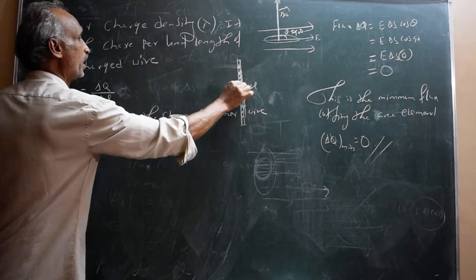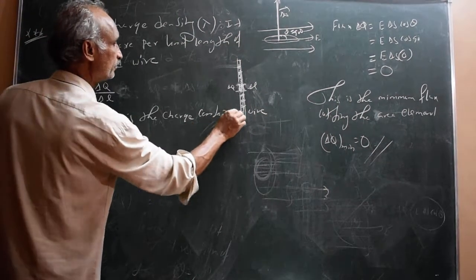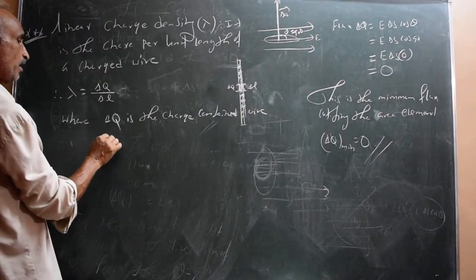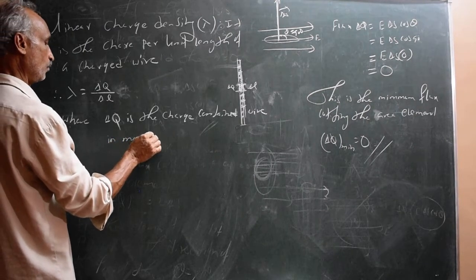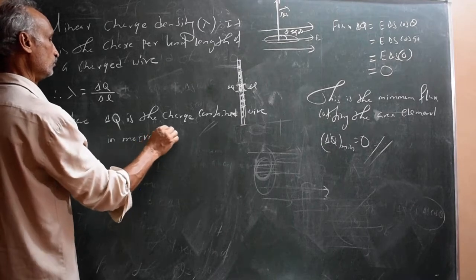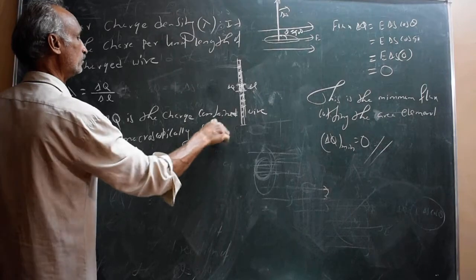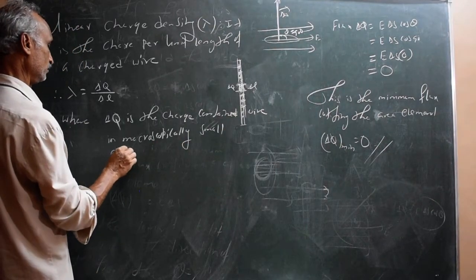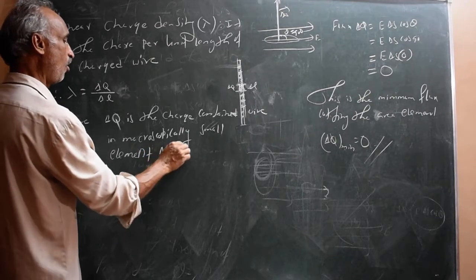A portion of the wire is a wire element. Delta Q is the charge contained in a macroscopically small line element delta L of the wire.